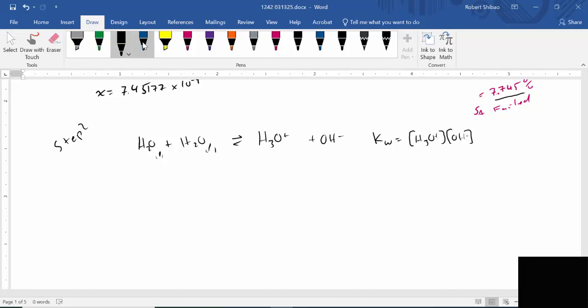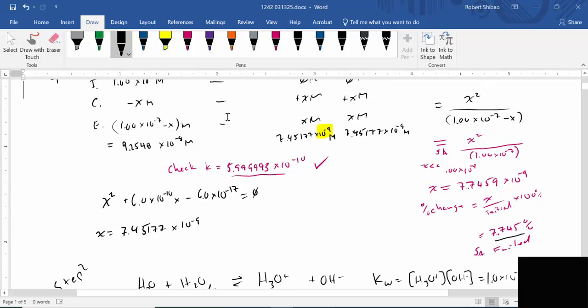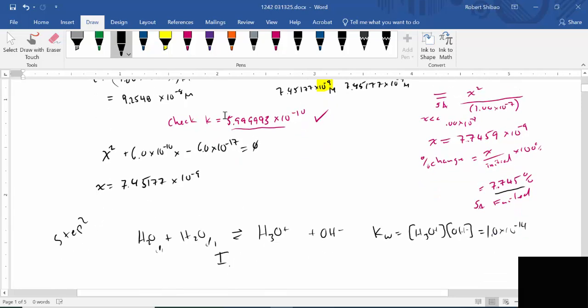And so the situation with water is this. We start off with some hydronium there. If this were 0 and 0, then we get 10 to the minus 7, 10 to the minus 7. But since we have hydronium there, and Kw has to equal the constant, 1.0 times 10 to the minus 14 at 25 degrees C, we worry about that. So we're going to carry down this hydronium here.